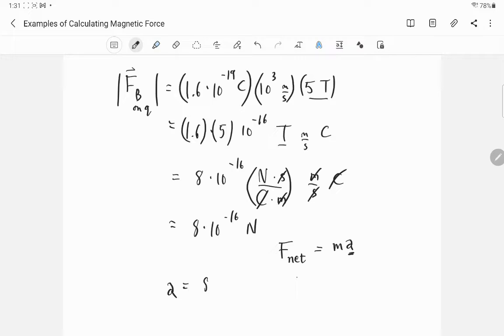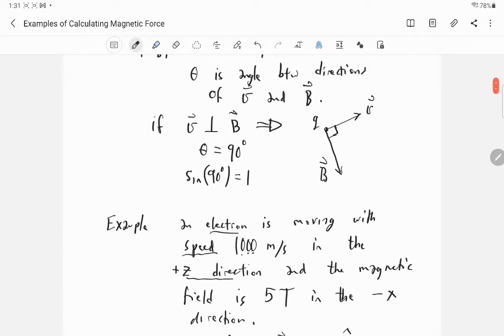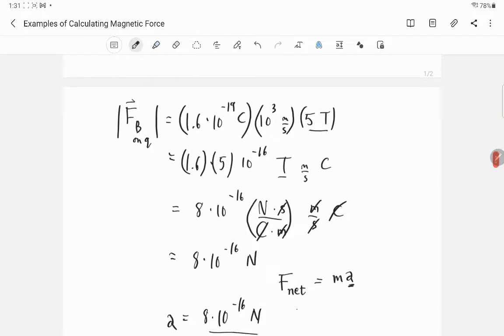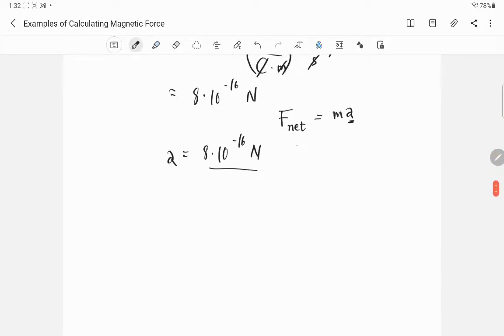Here's the force, 8 times 10 to the minus 16 newtons. And I'm going to divide by the mass of the, what particle are we talking about? The electron. The electron has a really, really small mass. I can't remember it off the top of my head, but it's about 10 to the minus 30 kilograms.